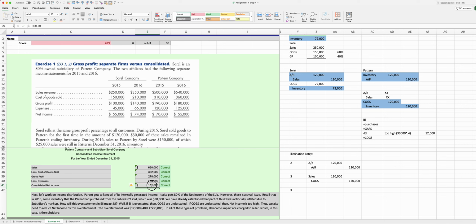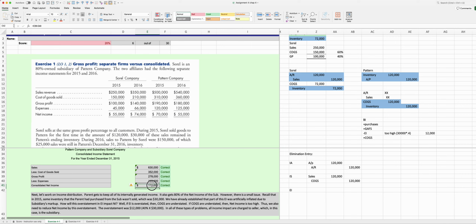But for now, what you need to understand is that the ending inventory was just way too high because it had some intercompany markups in it, and we wanted to eliminate those markups by the steps we just took. We've finished the cost of goods sold discussion, which was kind of a difficult discussion, but I wanted to make sure I did my best to explain it.